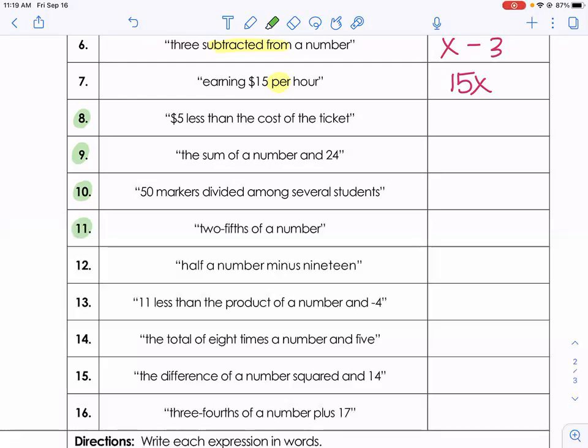Okay, Brady, what did you write for number 8? Okay, less than the cost of a ticket. So $5 less than the cost of the ticket. I like that it's subtraction.